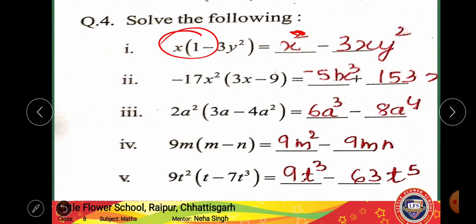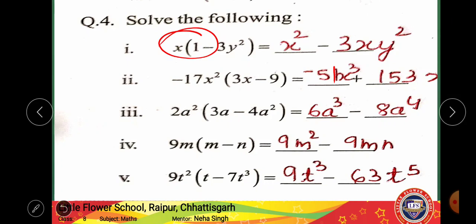Now like this only, see 17 3s are 51, right? 51. Then x square into x is x cube and minus into plus is minus, right? So see this is 51 x cube. Okay, 17 9s are 153, right?